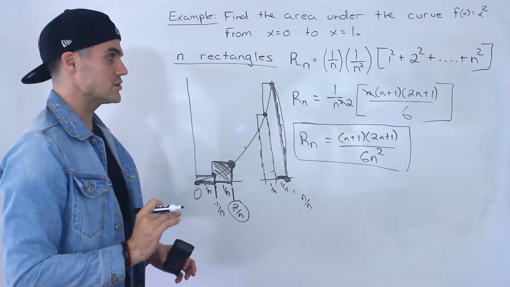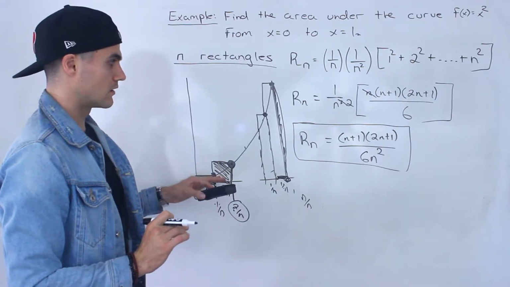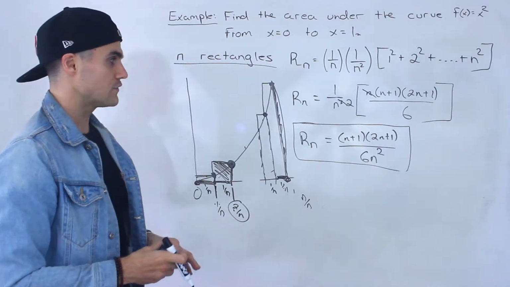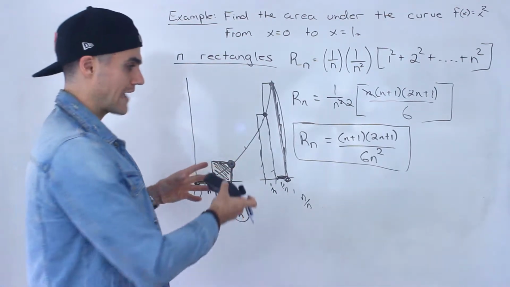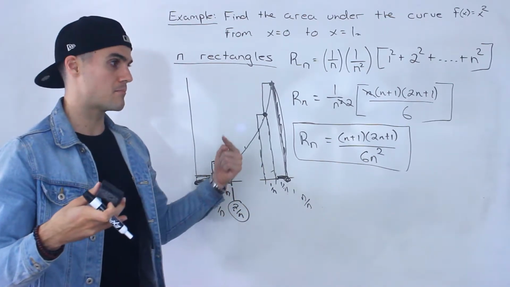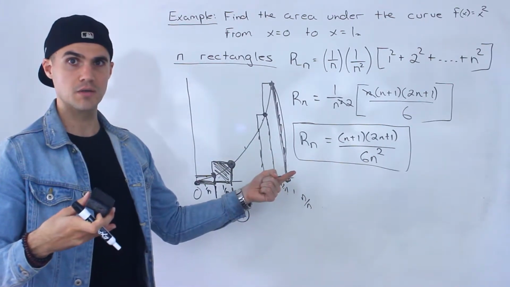And so the question is, how can we get an exact value? Well, if you think about it, as we said, the more rectangles we use, the better the approximation is going to be.